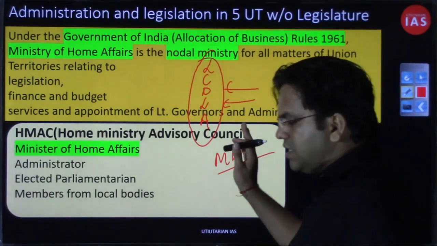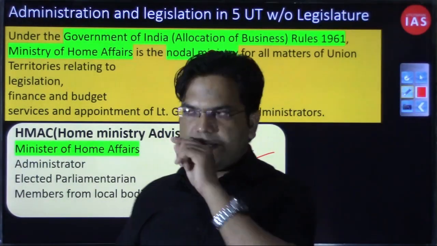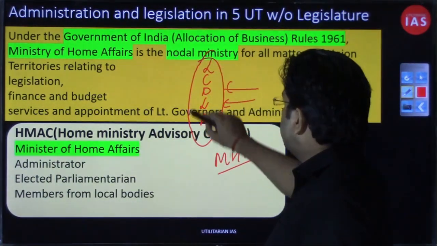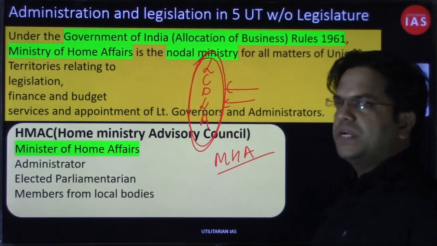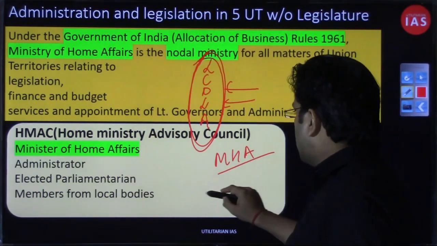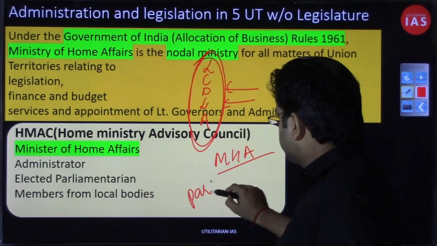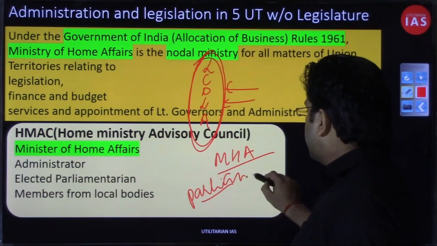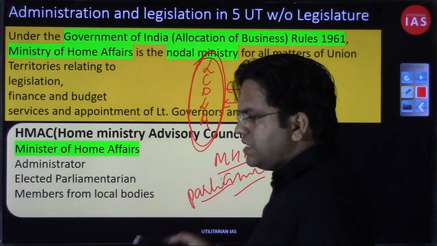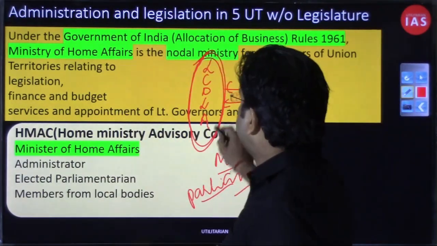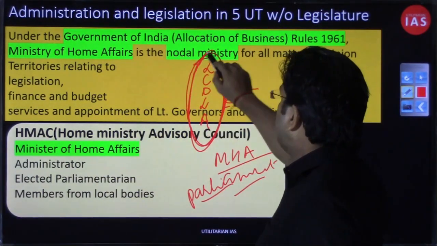If any legislation has to be created for the governance of these 5 union territories, it will be introduced in Parliament, and when Parliament has passed it, that legislation will be effective on these 5 union territories.